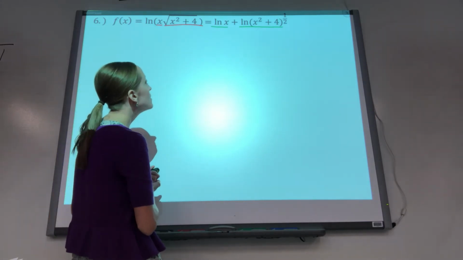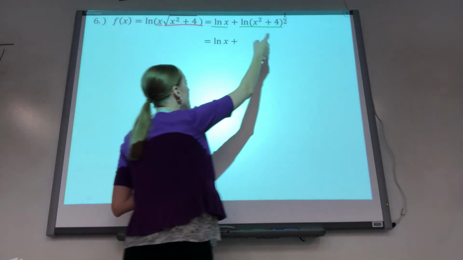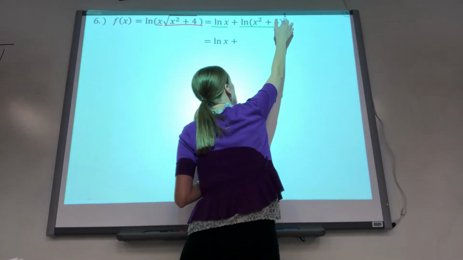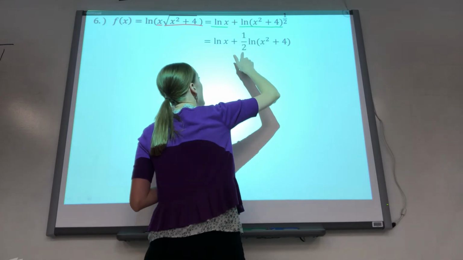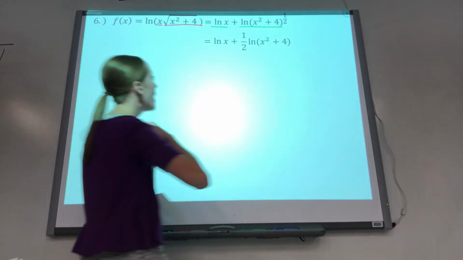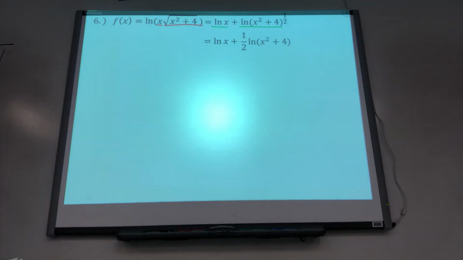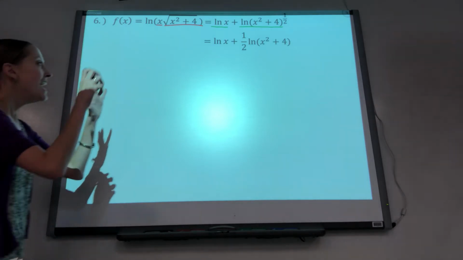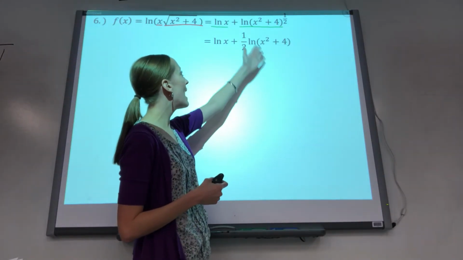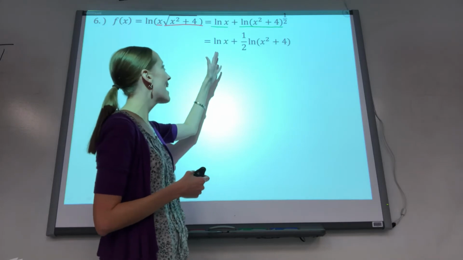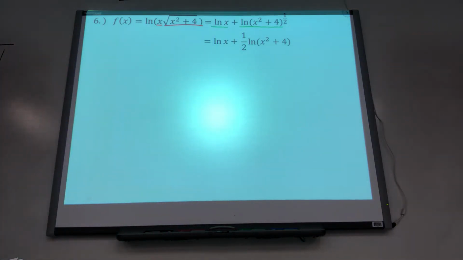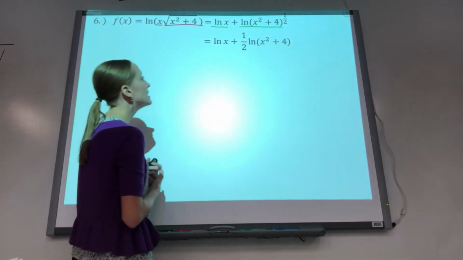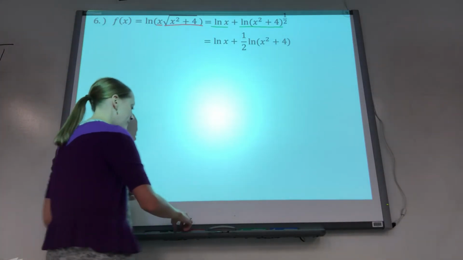And then there's something else we could do in the back here. You wouldn't have to do this next, but if you want to use the power property also, you could pull that 1/2 in front of that quantity to get rid of the power right off the bat. If you don't do it this way, you would end up getting that 1/2 from the chain rule later on. It's not a step that you have to do at this time, but there it is.